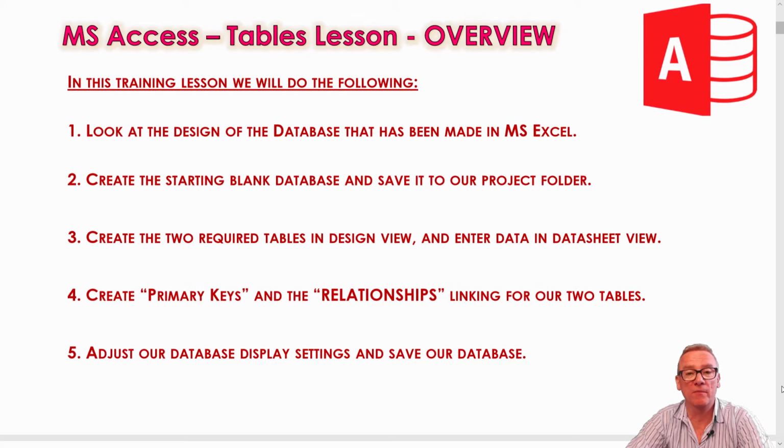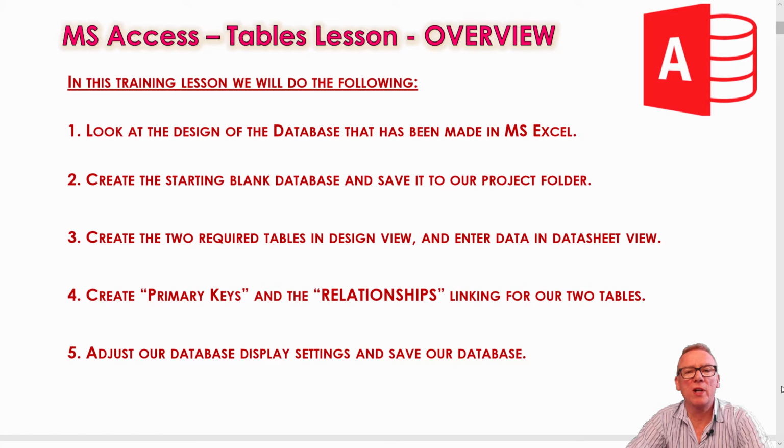Then we'll put some test data into those tables and set up relationships between the tables which link them together. So that is our plan, and we need to get to it.